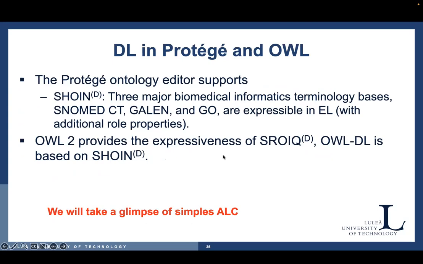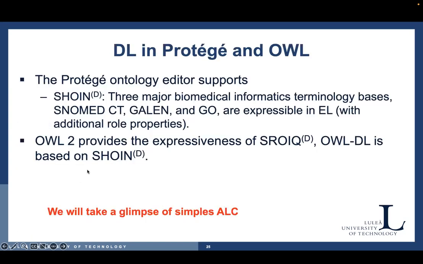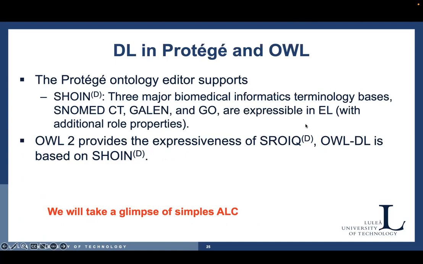So that's what kind of logic is supported by OWL language. OWL is a language that we use to describe the ontologies, and apparently now we can decode that it is an attributive language with transitive rules, limited complex role inclusion axioms, reflexivity, irreflexivity, etc. O nominals, I inverse properties, Q qualified cardinality restrictions, and then we will use data type properties like values or data types.